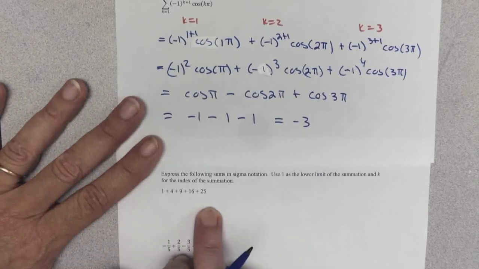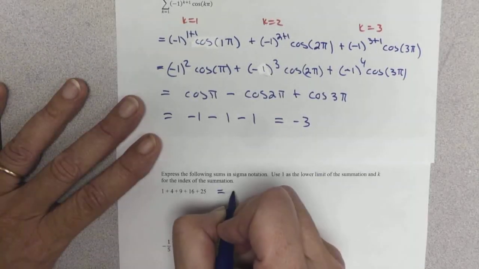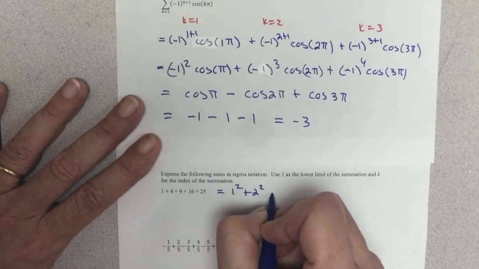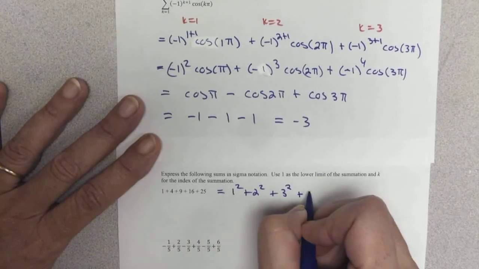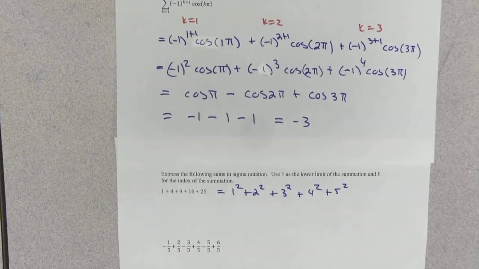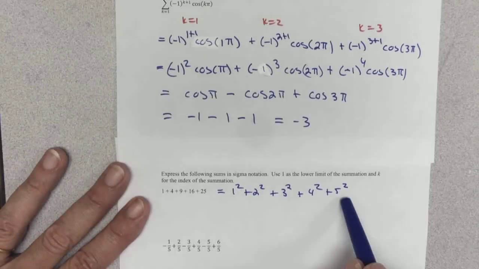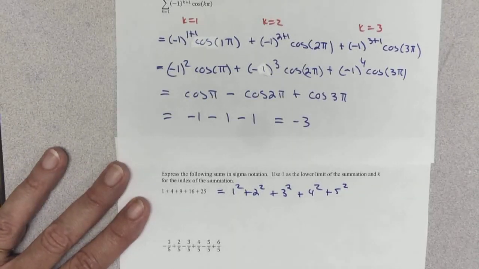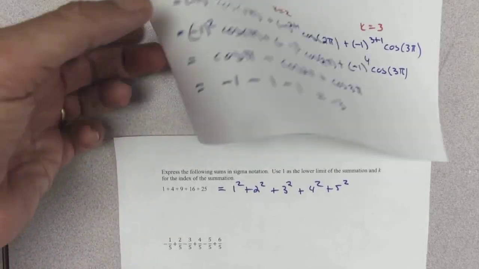So let's just notice on this first guy that this really is 1 squared plus 2 squared plus 3 squared plus 4 squared plus 5 squared. And that very clearly gives me kind of what the formula should be. That we're going 1 to 5, and then each time we're just squaring.